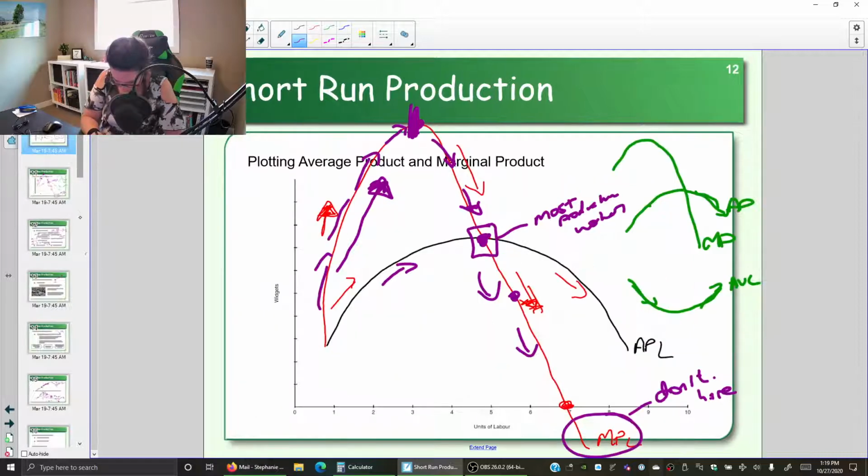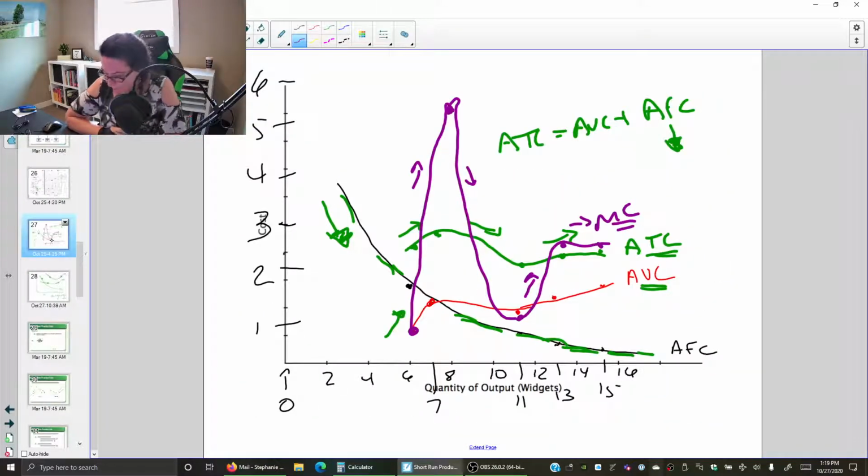So let's take a look at that. Notice here, marginal cost is above the average variable cost. So the extra cost to make a widget is more than the typical cost to make the widget if we're looking just at the variable costs.